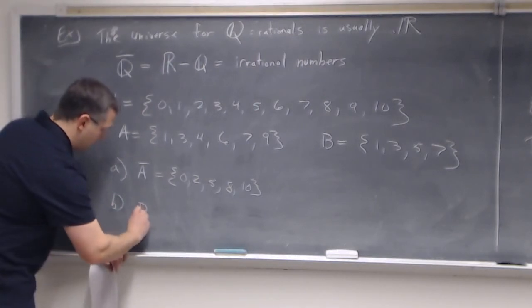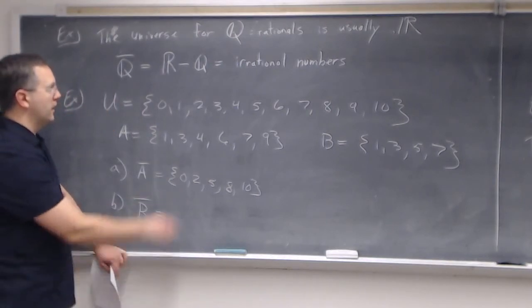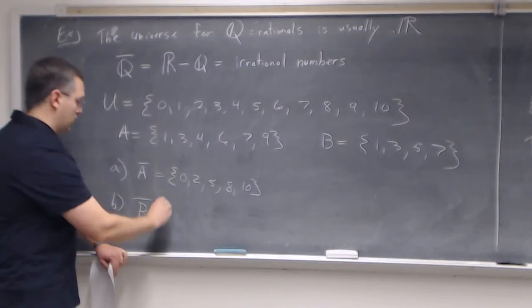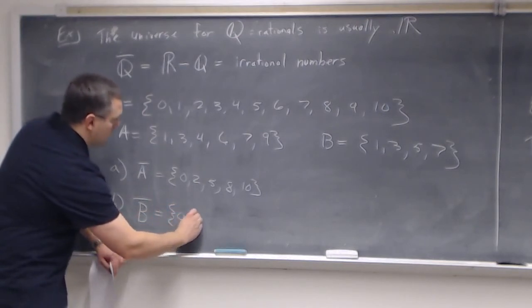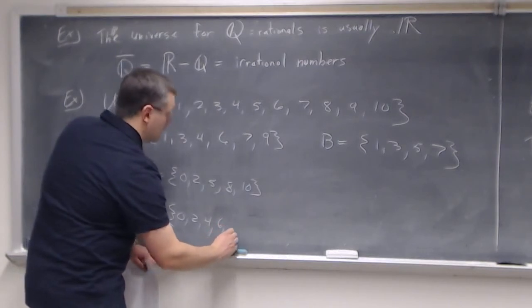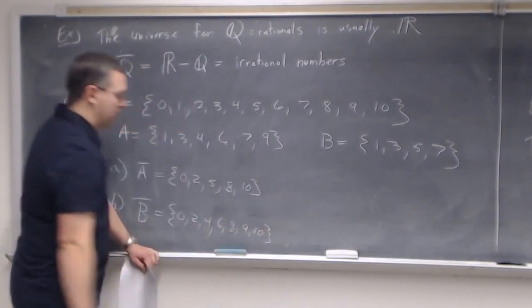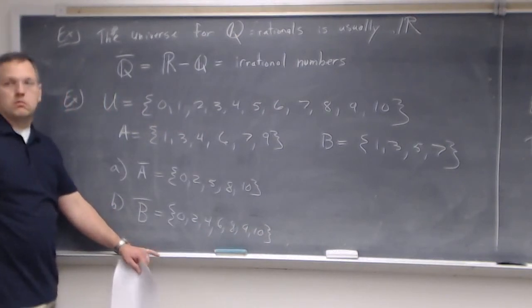What's the complement of B? Anything other than 1, 3, 5, and 7. So 0, 2, 4, 6, 8, 9, 10. Okay. Any questions?